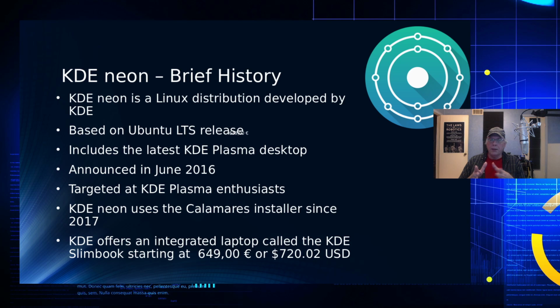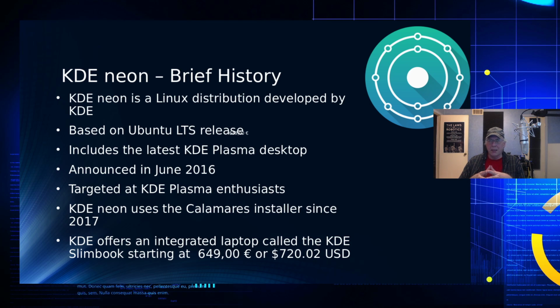KDE Neon uses the Calamares installer. They were using the Ubuntu installer up until January 2017 or so, but they decided to switch because they really needed more flexibility, and so they substituted out the Ubuntu installer. They do offer hardware with KDE Neon pre-installed on it, and it's a Slimbook.